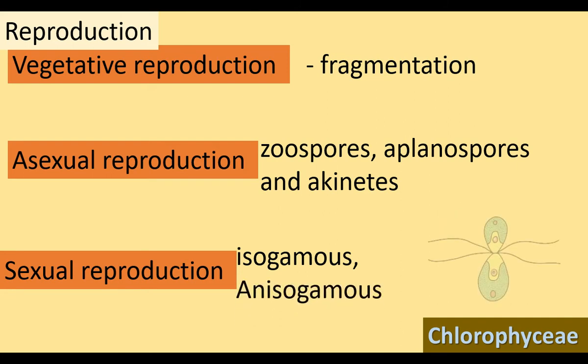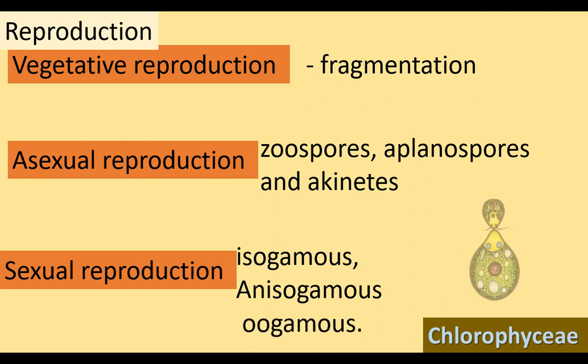Anisogamous reproduction: here the fusing gametes are dissimilar in one aspect. They are morphologically dissimilar, but physiologically similar. In oogamous reproduction, the fusing gametes are dissimilar both morphologically and physiologically.